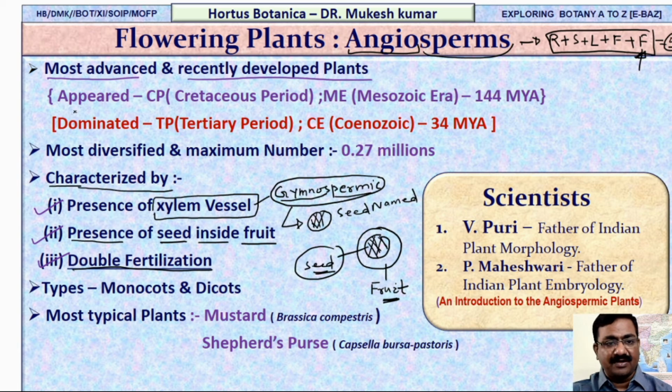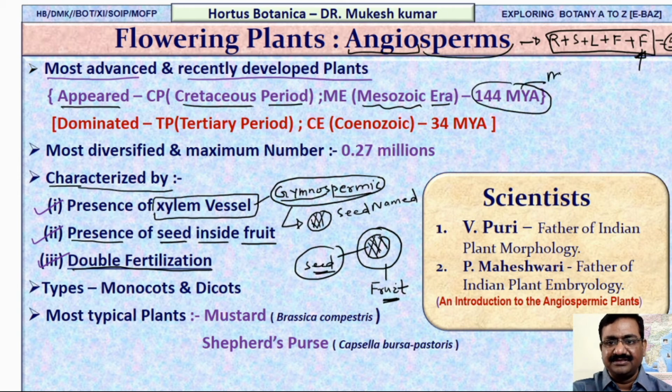Whenever we talk about their presence, they appear in the Cretaceous period, and that era was the Mesozoic era, about 144 million years ago, MYA, million years ago.